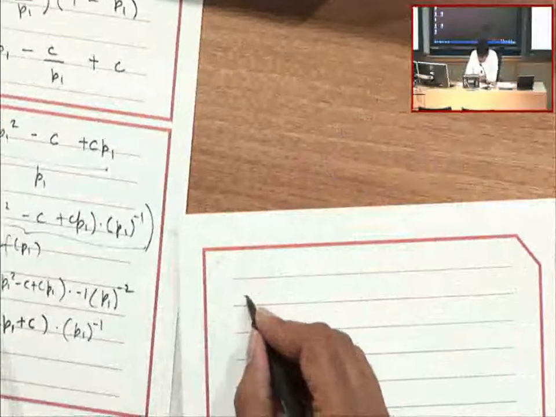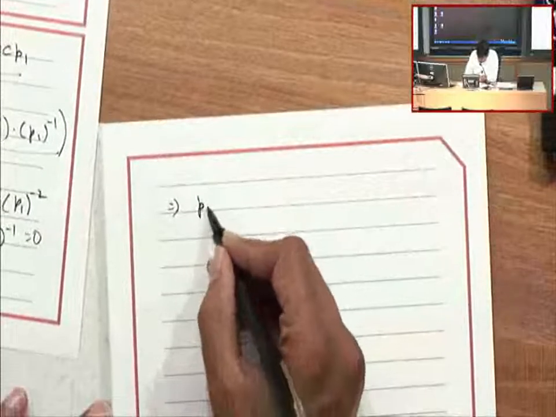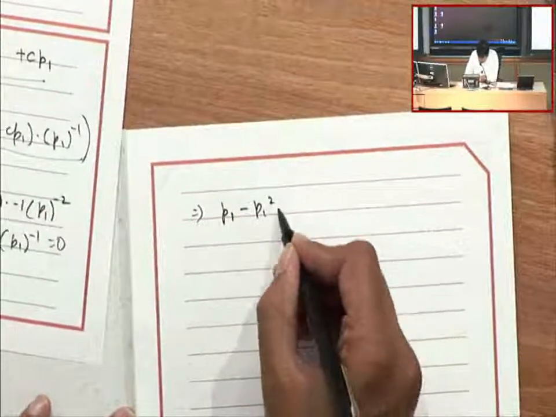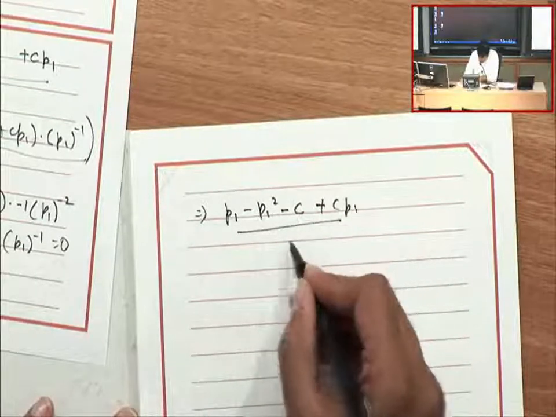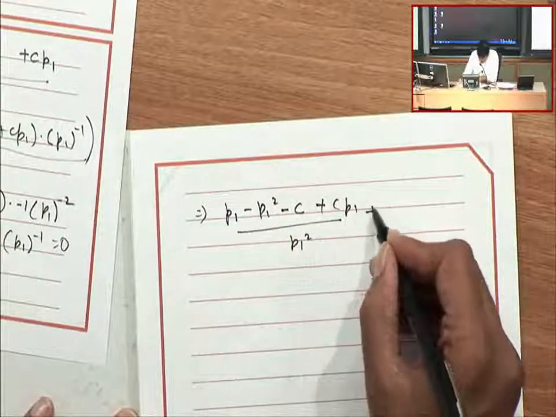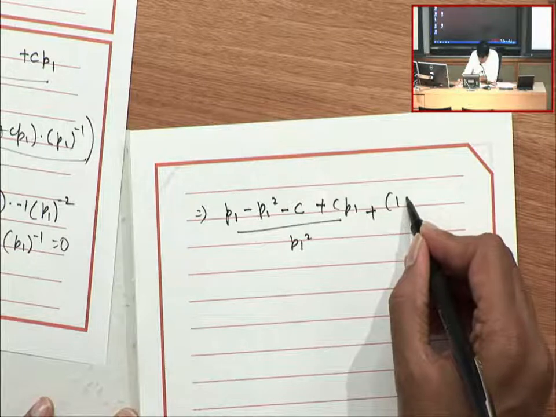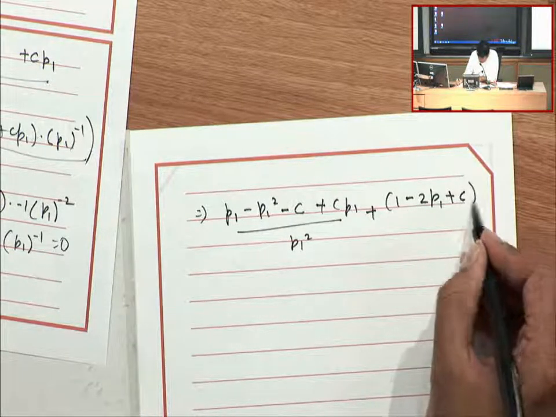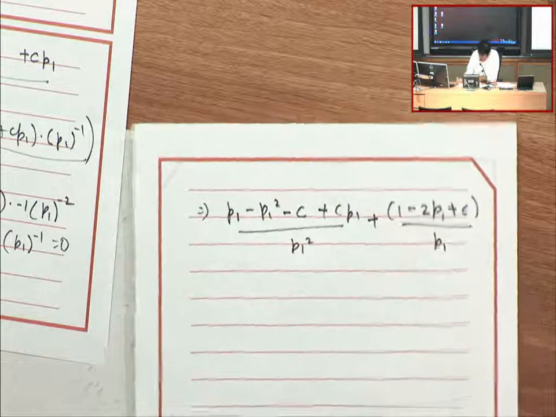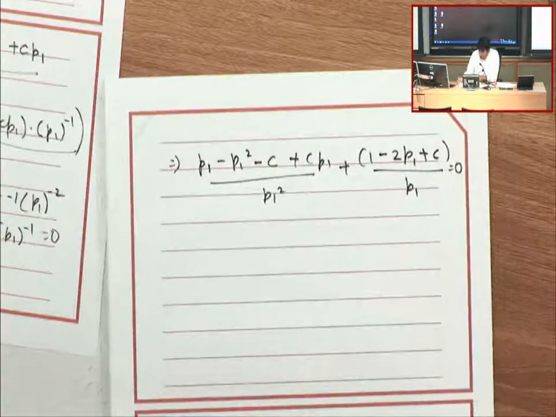All of this is equal to 0. So we get P1 minus P1 squared minus C plus CP1 over P1 squared, plus 1 minus 2P1 plus C over P1, equals 0.